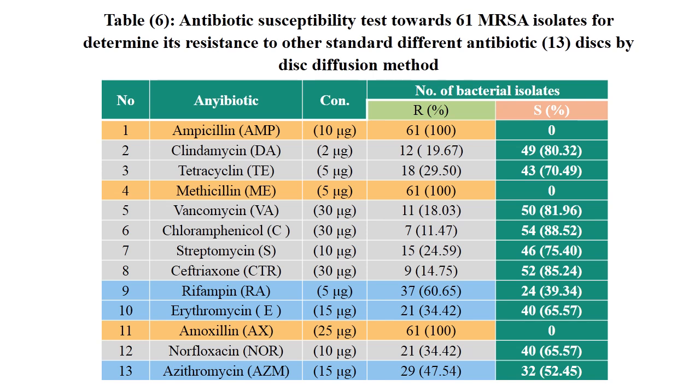These MRSA isolates also showed high resistance against other antibiotic discs, recorded at 100% against ampicillin, methicillin, and amoxicillin, followed by 60.65% against rifampin and 47.54% against azithromycin.